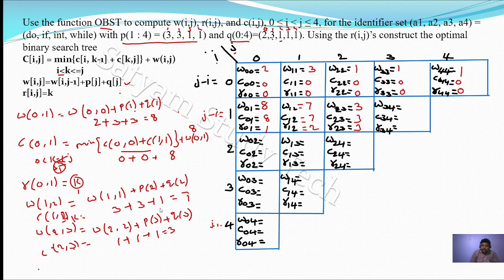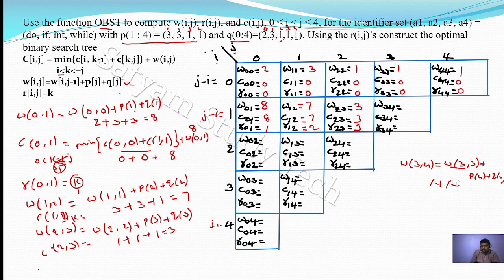And also w of 3 4 is equal to w of i comma j minus 1, that is w of 3 3, plus p of j, that is p of 4, plus q of 4. w of 3 3 value is 1, plus p of 4 value is 1, and q of 4 value is 1.